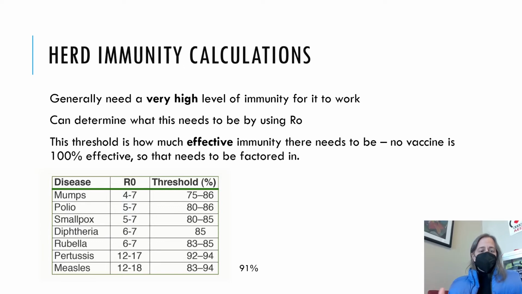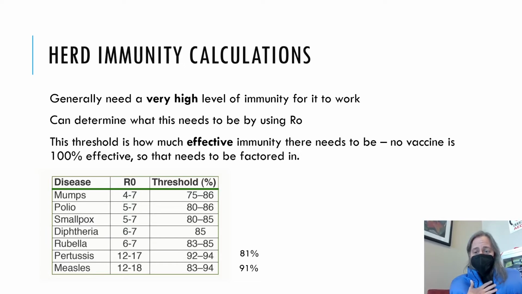Now, pertussis, you notice pertussis also has a really high R naught, and the threshold is also similarly high. And in our country, we only have about 81% vaccination rates against pertussis. And so we do see pertussis. It crops up frequently in our local county health departments, and we have outbreaks.